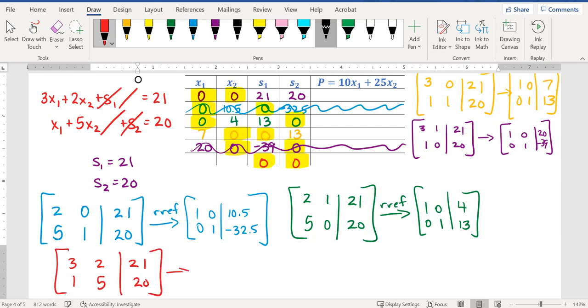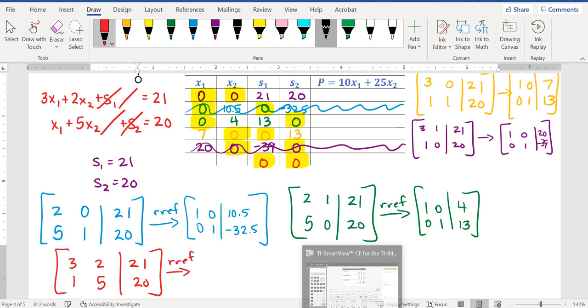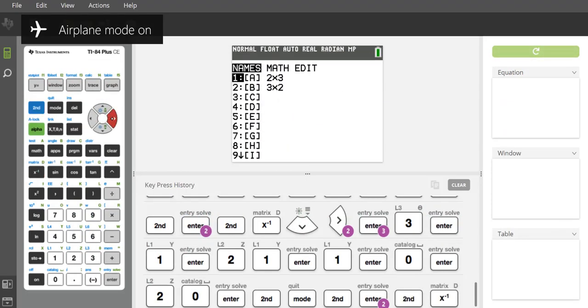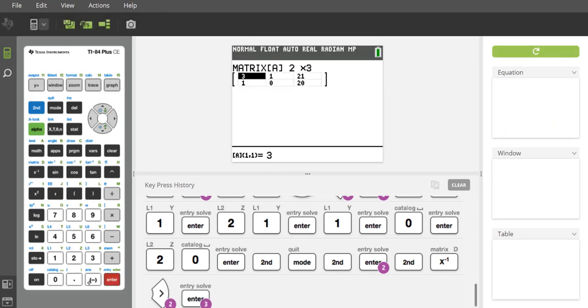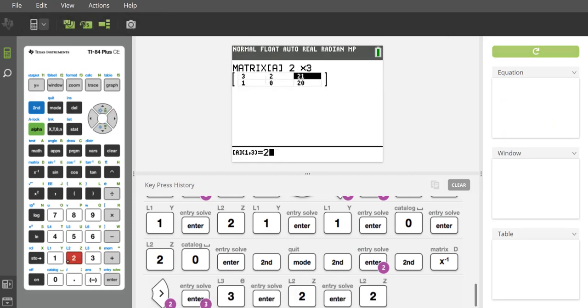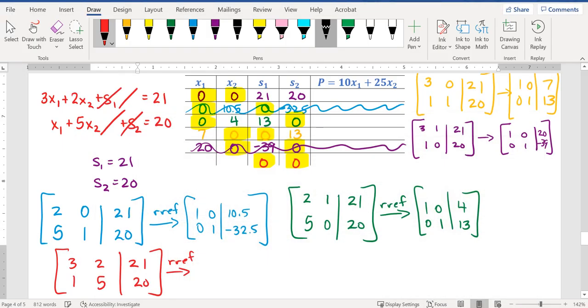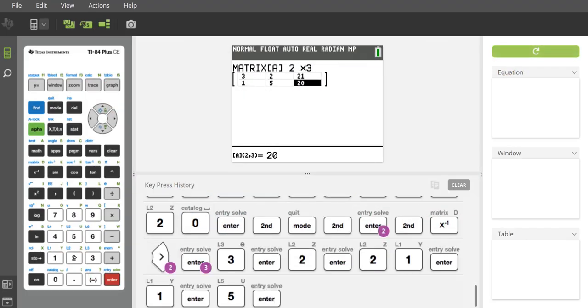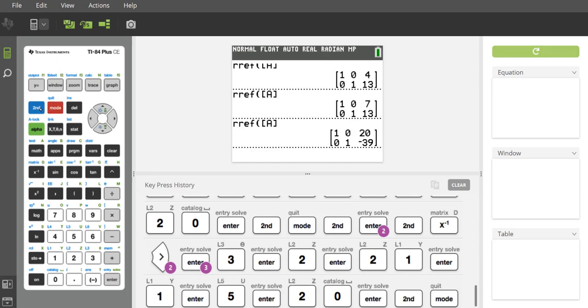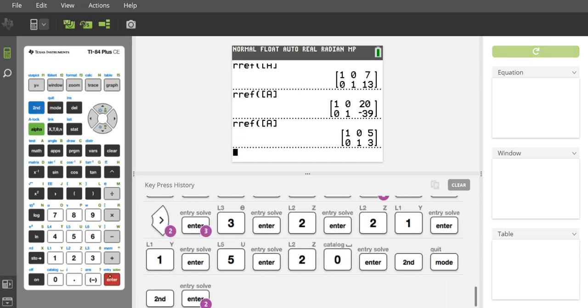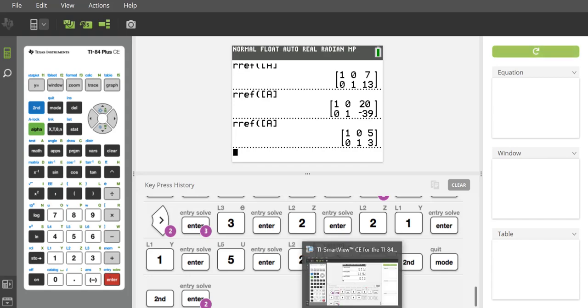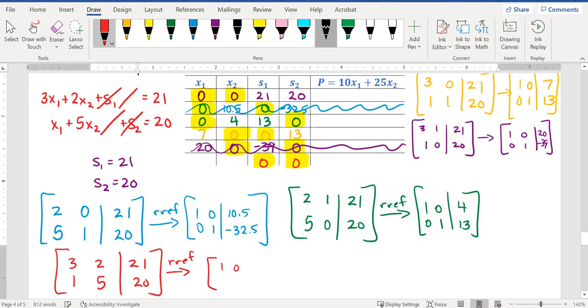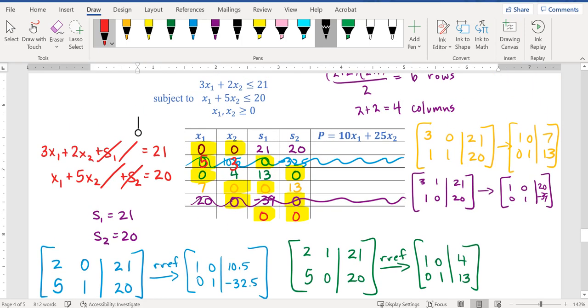If I RREF that one, I get 1, 0, 5 and 0, 1, 3. So my solution, x1 would be 5, x2 would be 3. All right, now let's go kind of clean this up.